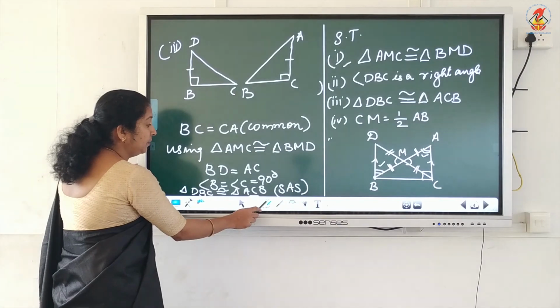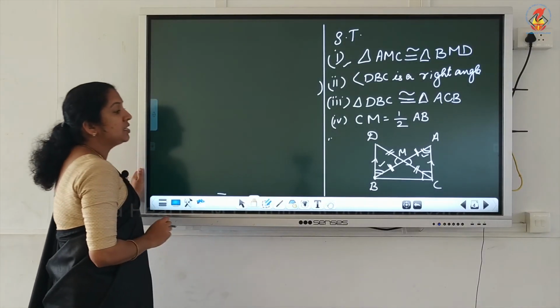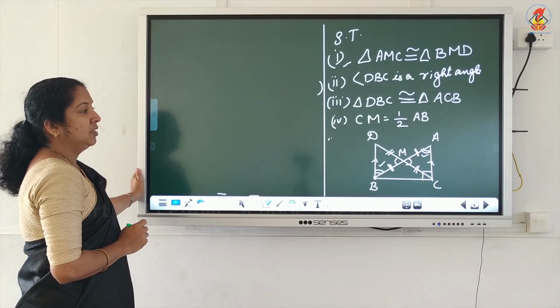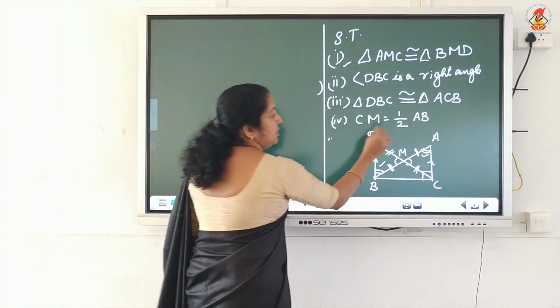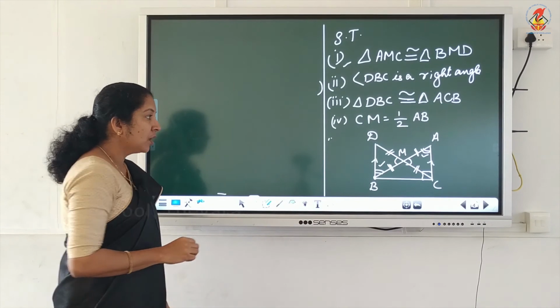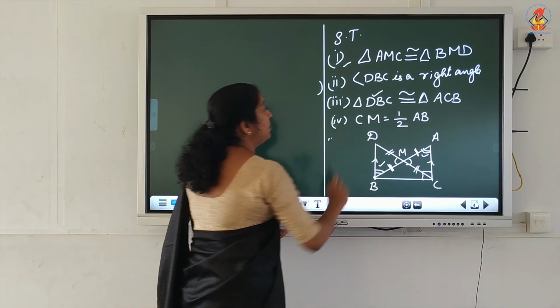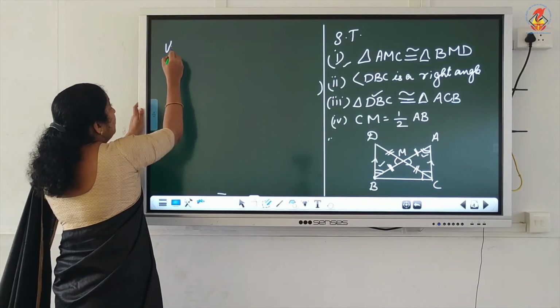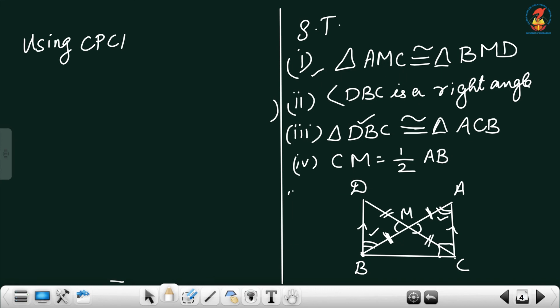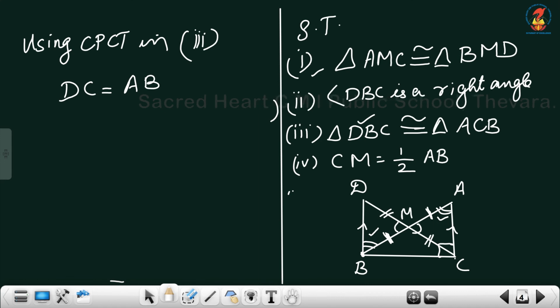Then the last one is CM is equal to half of AB. Can you conclude CD is equal to AB using CPCT in 3? Using CPCT in third one, that means triangle DBC is congruent to triangle ACB, we can say AB is equal to CD or CD is equal to AB.